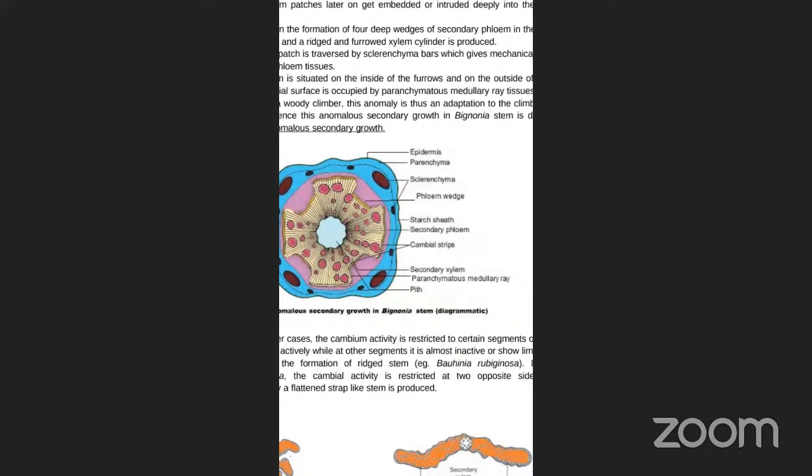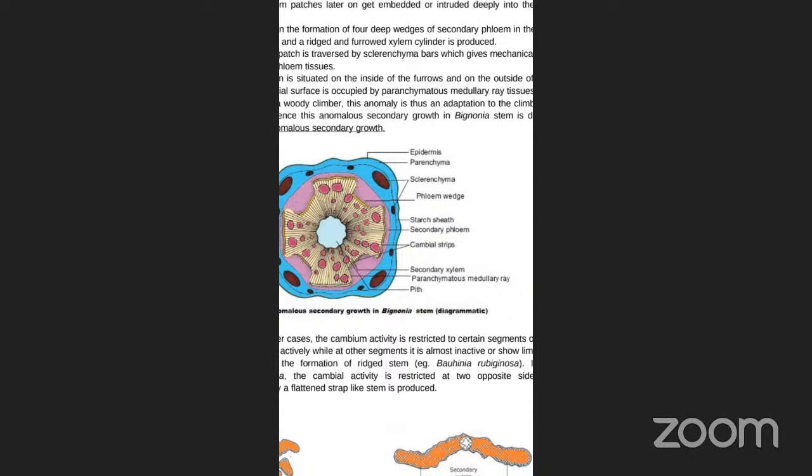The central portion is occupied by pith or medulla. Here the cambial ring ceases to function after some time.